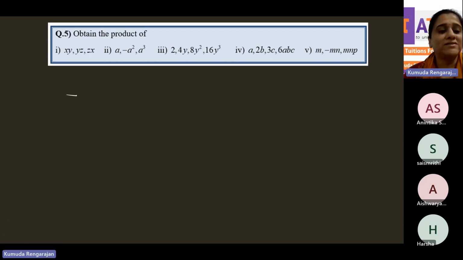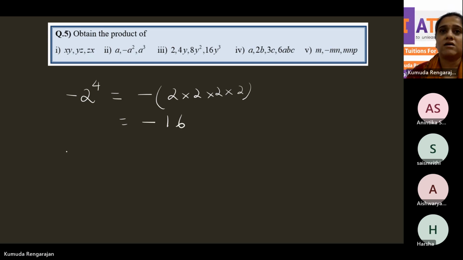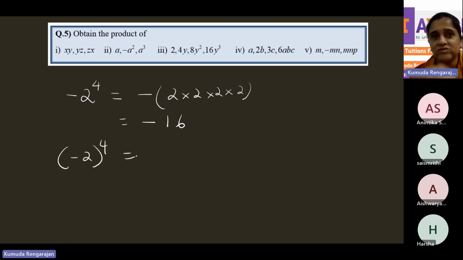Okay. So minus 2 to the power 4 is minus 2 into 2 into 2 into 2, which is minus 16. On the contrary, if you have minus 2 in brackets raised to the power 4, the power 4 is for the entire minus 2.